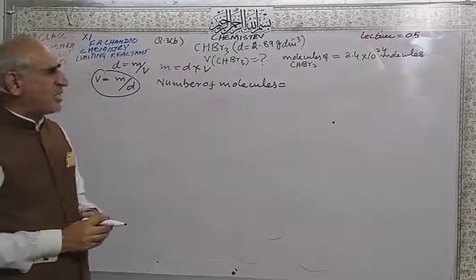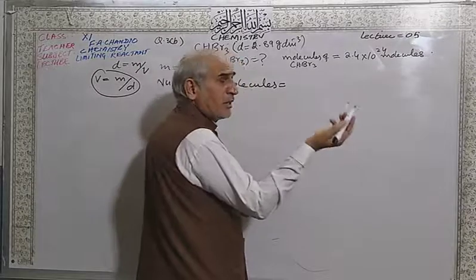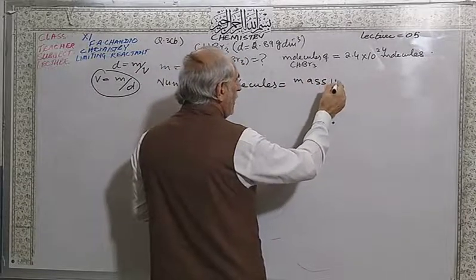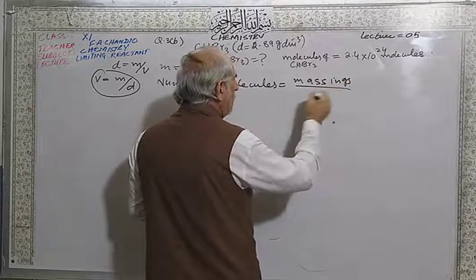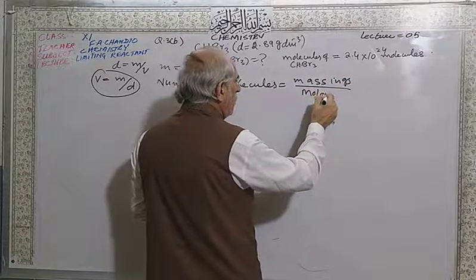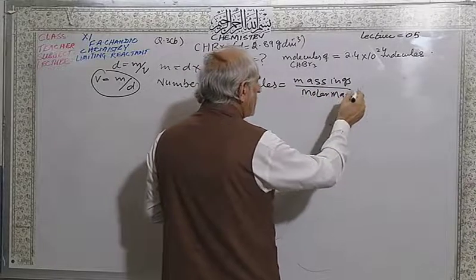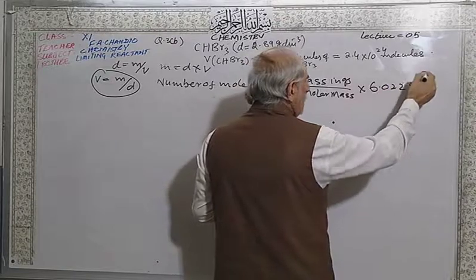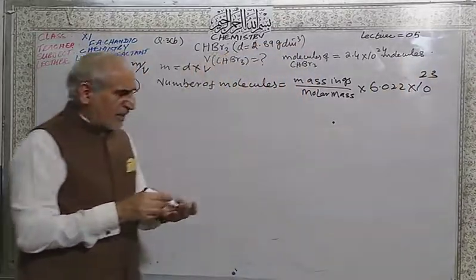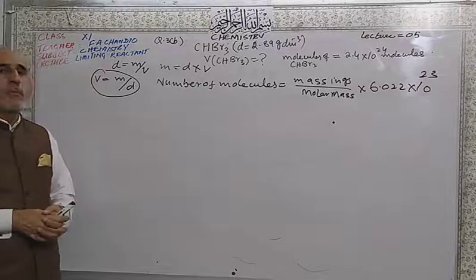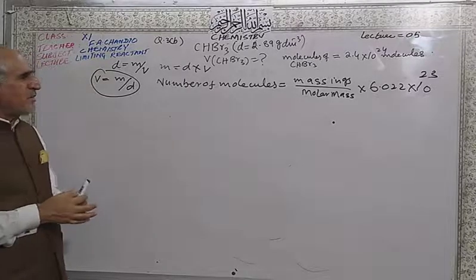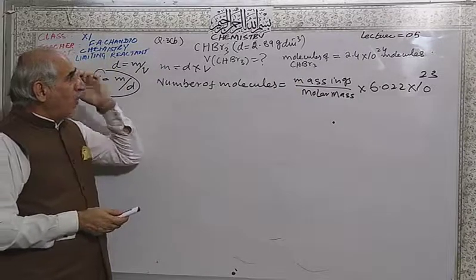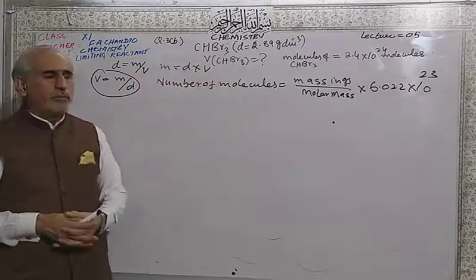Number of molecules is equal to moles multiplied by Avogadro's number, but I write mass in grams over molar mass multiplied by Avogadro's number. So this is the board formula. So students, molecules are given and molar mass you find from here.